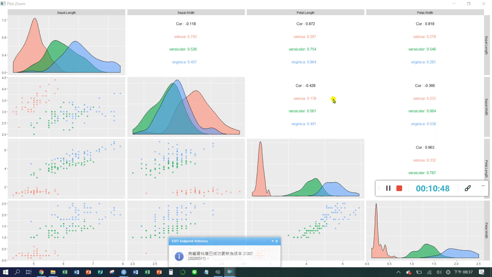What about petal width and petal length? These two variables also have a positive correlation. What about this one? This one is negative, right? It's minus 0.4. So petal length and sepal width have a negative correlation, 负相关. Is it clear?